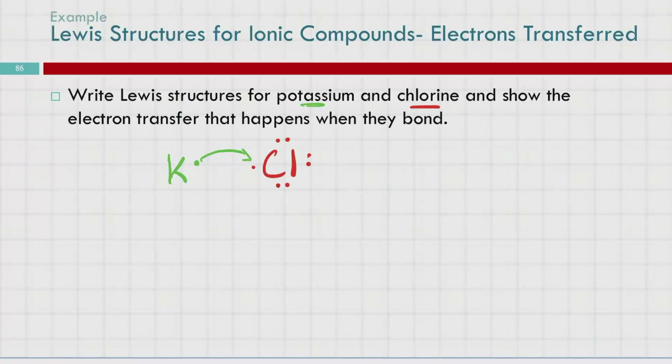And what we get from that is that potassium turns into K+. It forms a 1+ ion, like we hopefully have memorized or could figure out by looking at the periodic table. And chlorine has 1 extra electron, and so it takes on a 1 negative charge, like we also hopefully have memorized or could figure out from our periodic table.